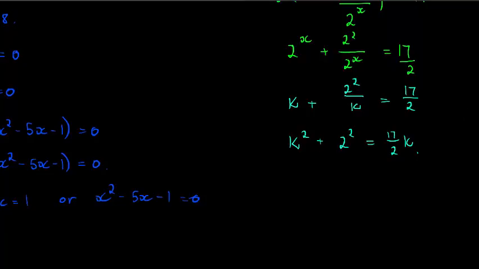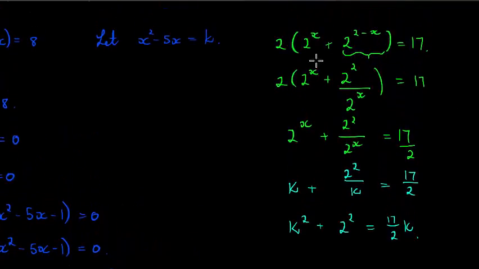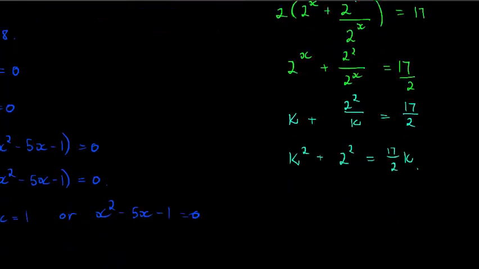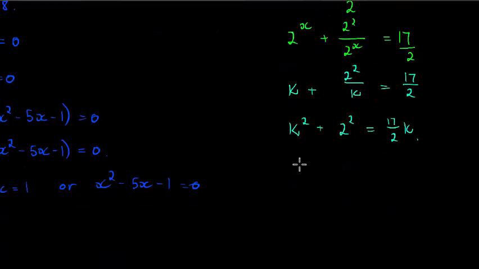So this might not have been the ideal thing to do, dividing both sides by 2, but let's see. So I can have 2k squared, and then this will become 17 when I multiply with 2, so minus 17k plus, and this is 2 to the power of 2, that's 4 times 2 is 8, is equal to 0.